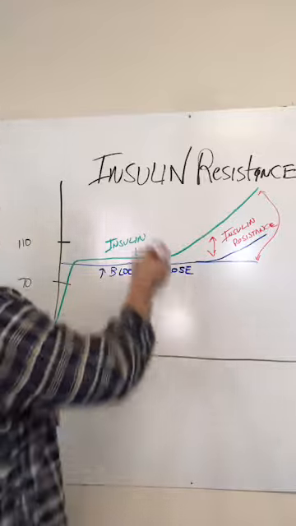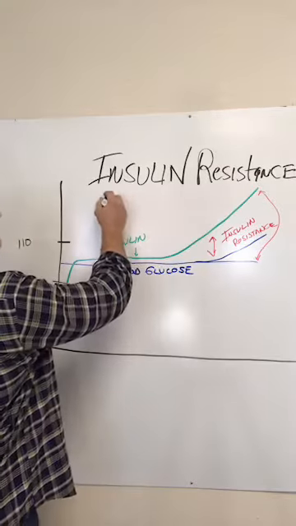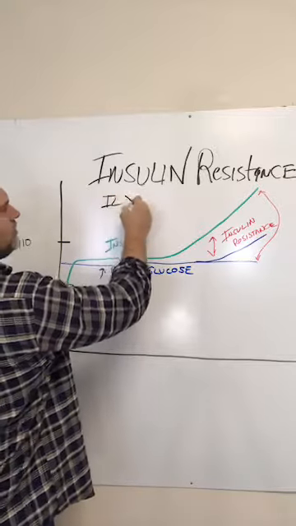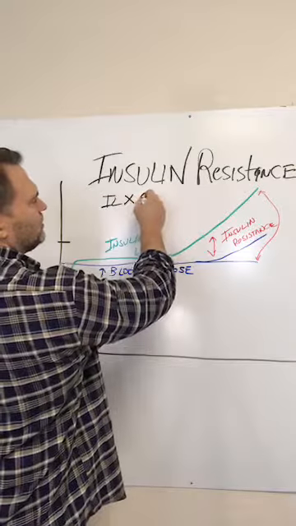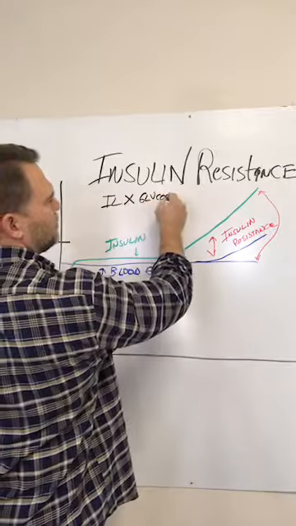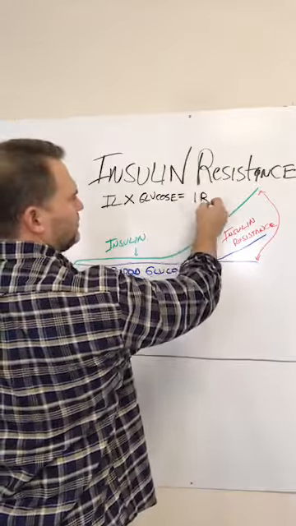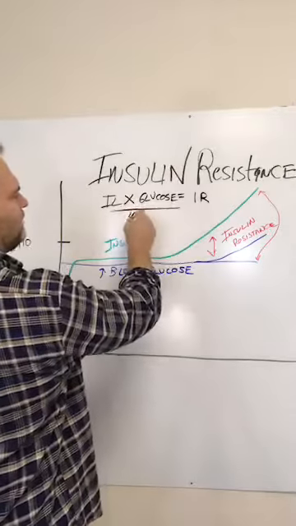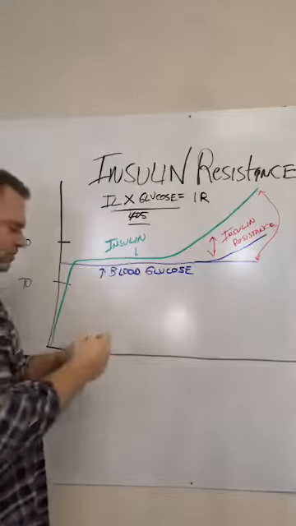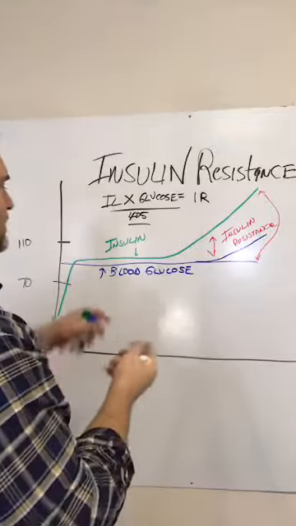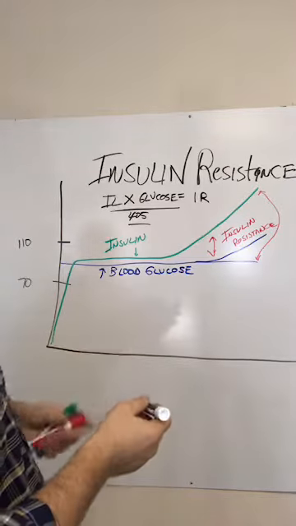So we know insulin level times glucose equals insulin resistance, and then we have to divide over 405. That's where the number is. I did some ones earlier, so I'm going to be able to tell you what the values are.